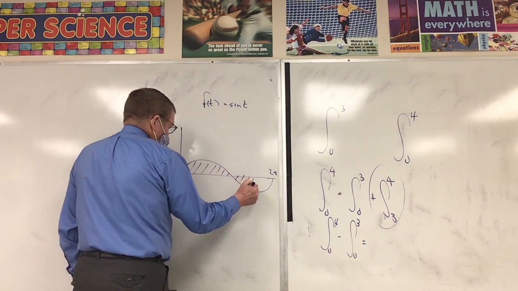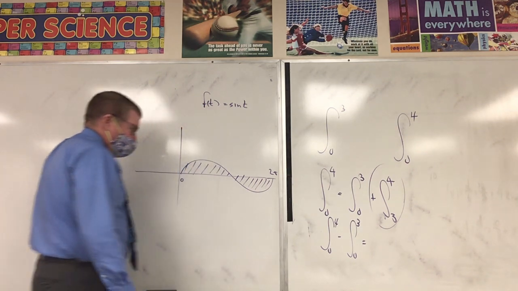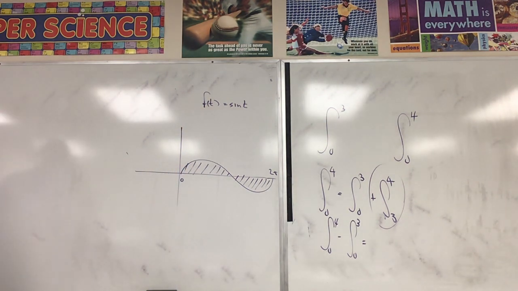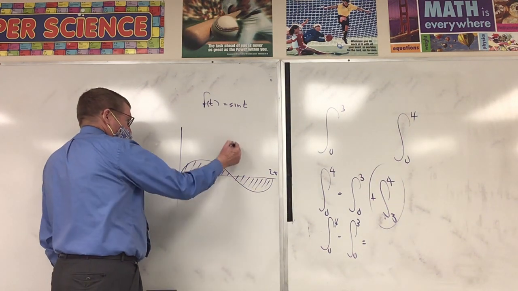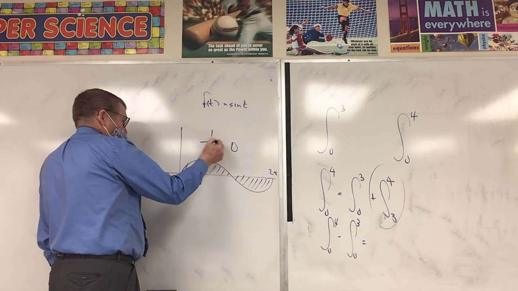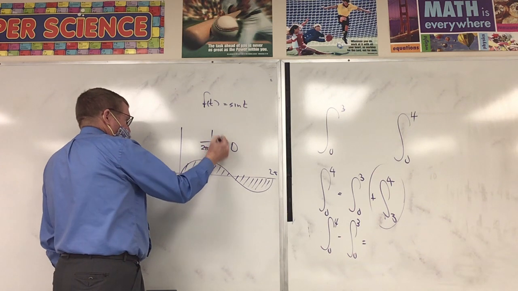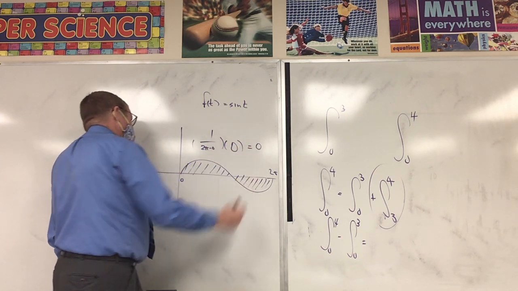Or what would be my integral using the areas between the curve and the x-axis? Well, they wouldn't cancel each other out because we're not doing the negative area, right? Yes, we are. So it would be 0. This is positive, this is negative. So we have 0, and it would be 1 over 2 pi minus 0 times 0, which equals 0.